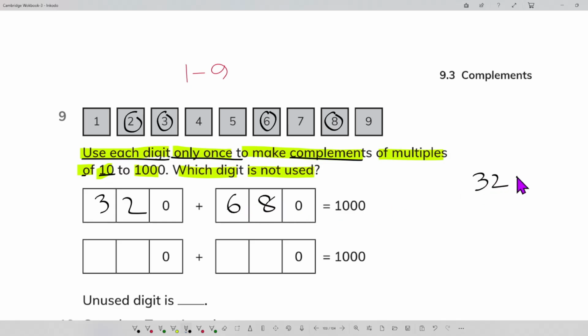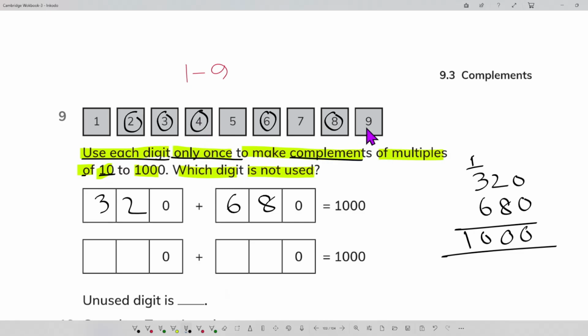So 320 and 680, it means here is a 0, 0, carry 1, 1000. So you already used 2, 3, 6, 8. Next we can use, like here is 4 and here is 9 and here is 5 and here is 1.